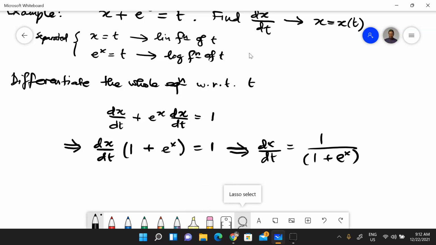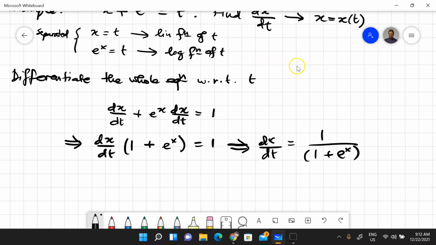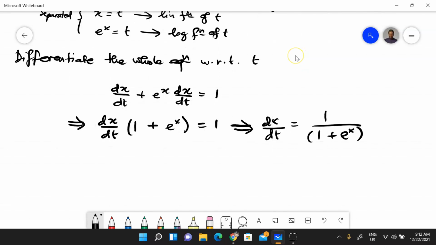So okay, that seems simple enough. But the example in the book goes on to ask what the second order derivative is. So again, one does not have an explicit expression of x as a function of t.